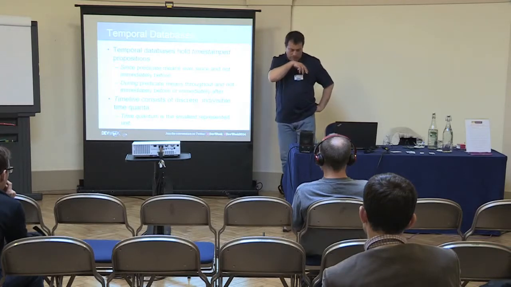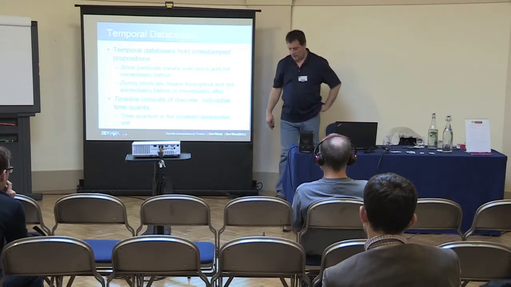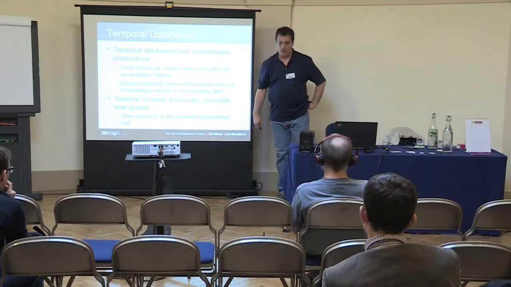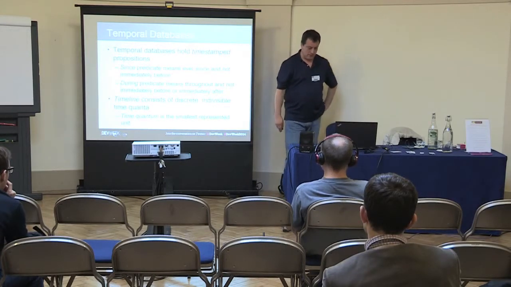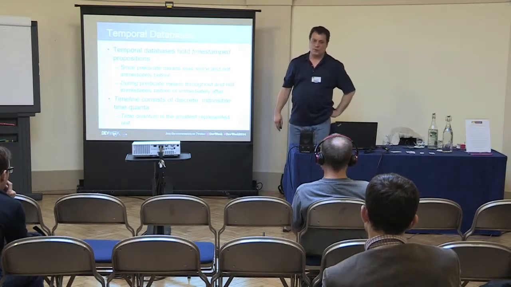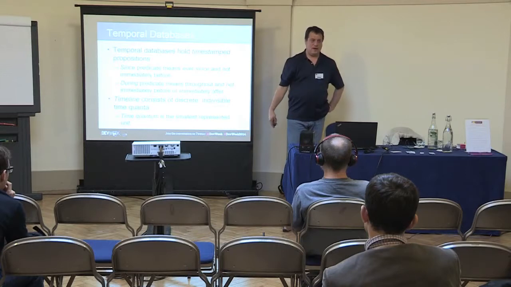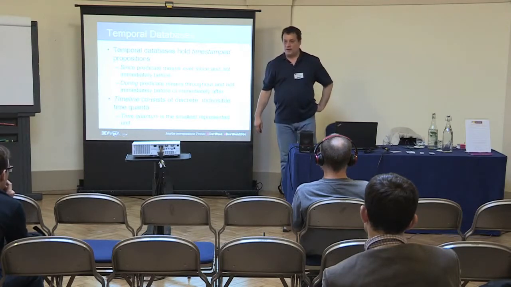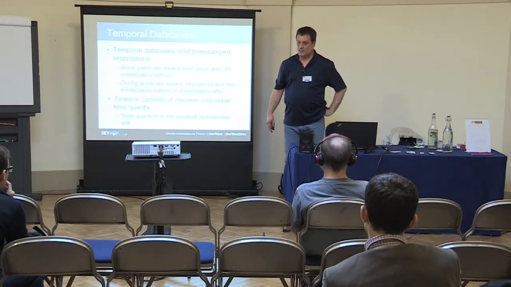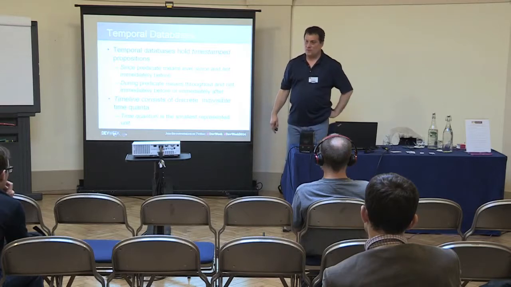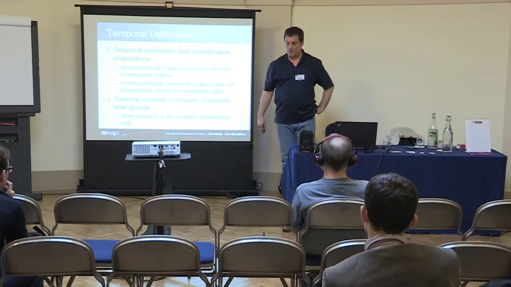Now, before we start discussing possible constraints, we need to introduce some background. So first, how do we work with time? We know that time is continuous. However, we work with time as if it consisted of specific time points. And depending on our business needs, we define the granularity of these time points.